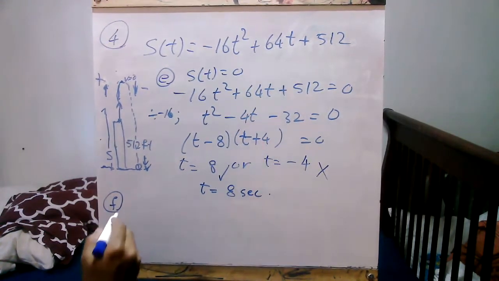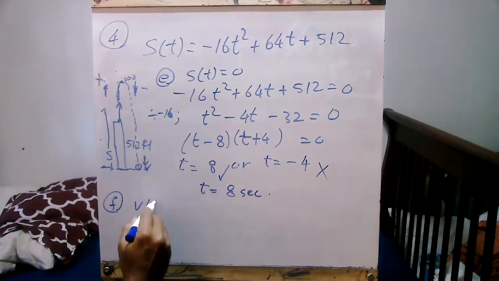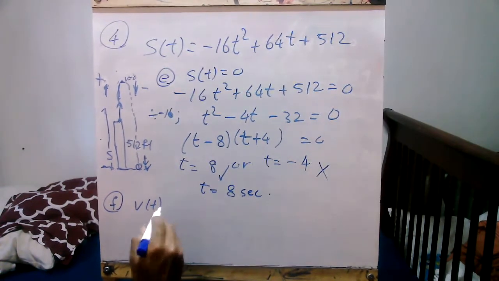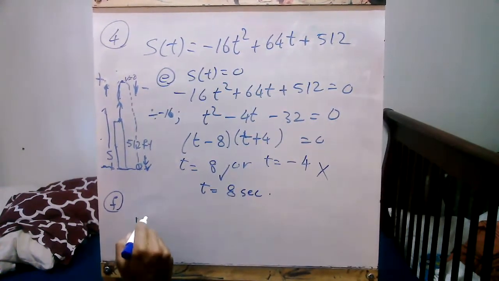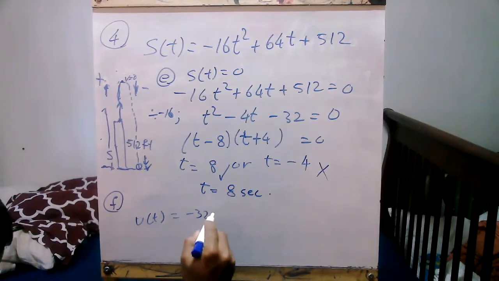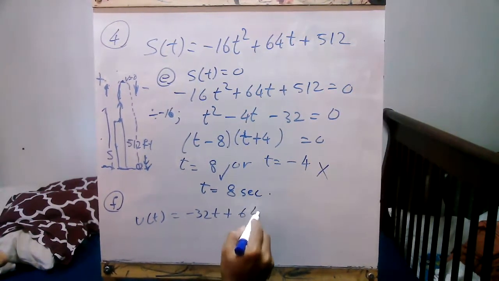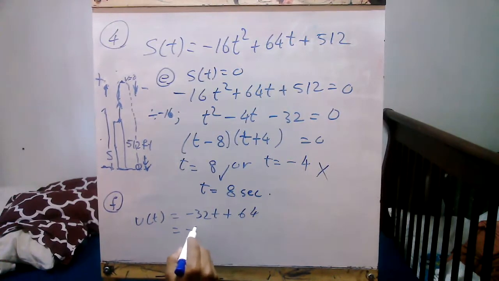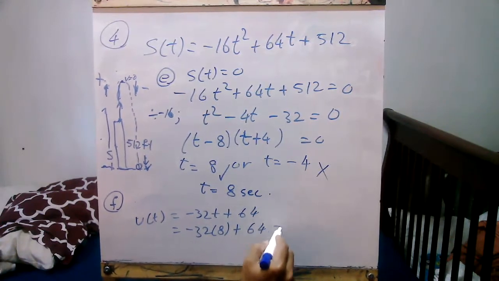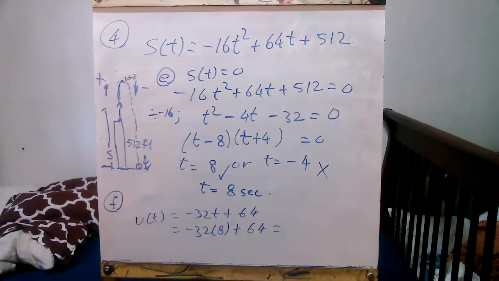Therefore we use the velocity function we found before, negative 32t plus 64, which is negative 32 times 8 plus 64.